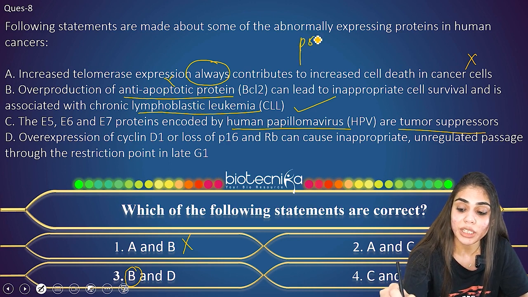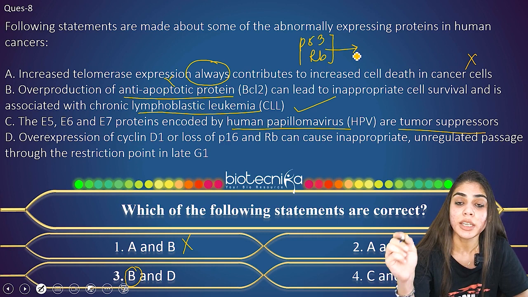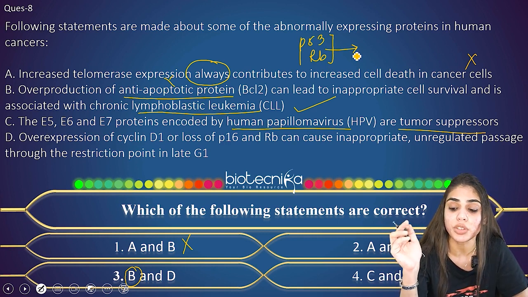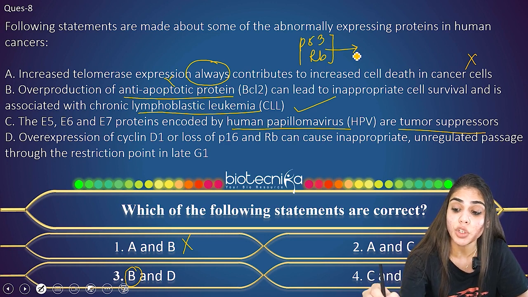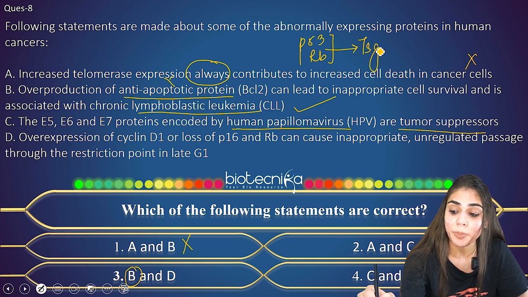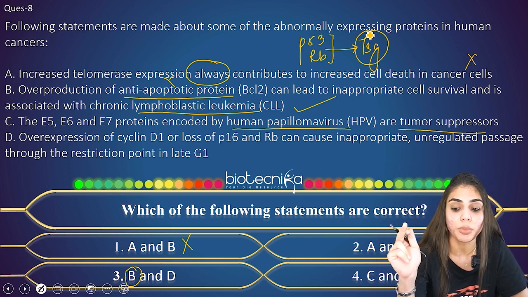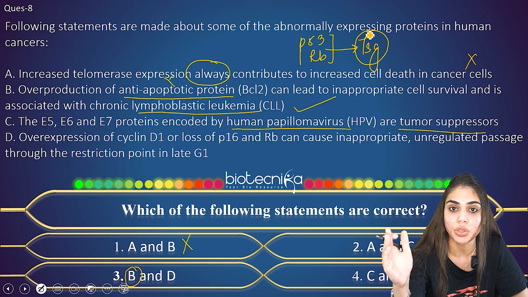So p53 and retinoblastoma are both tumor suppressor genes that are very essential, or you can say very important, for the normal functioning of the cell. Why? Because they are tumor suppressor genes. They are suppressing the formation of any tumor. But if there is a mutation in both of these genes, this tumor suppression will not take place and it will lead to cancer.